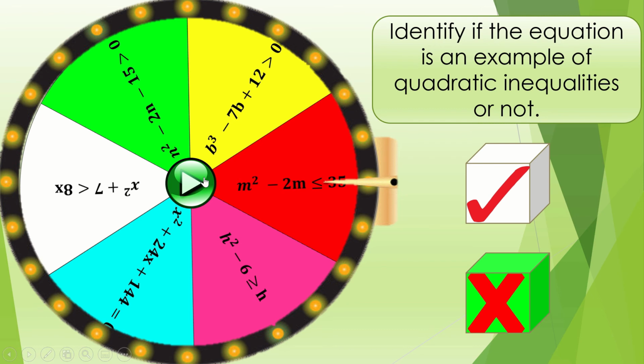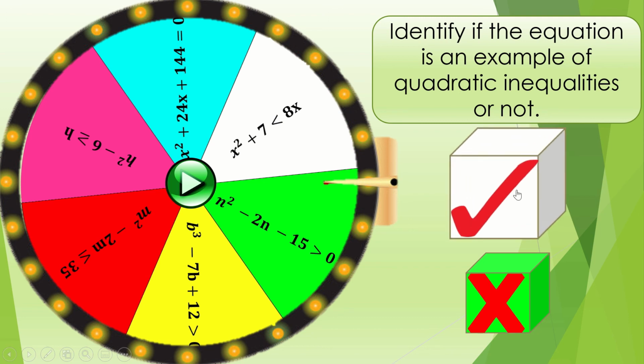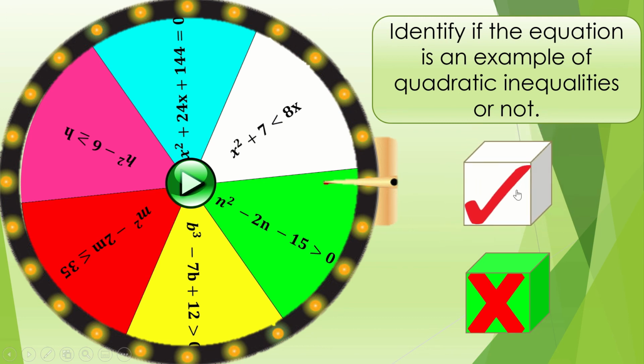Okay, m squared minus 2m is less than or equal to 35. Yes, it is a quadratic inequality. Let us have another one. n squared minus 2n minus 15 is greater than 0. Yes, it is also a quadratic inequality.